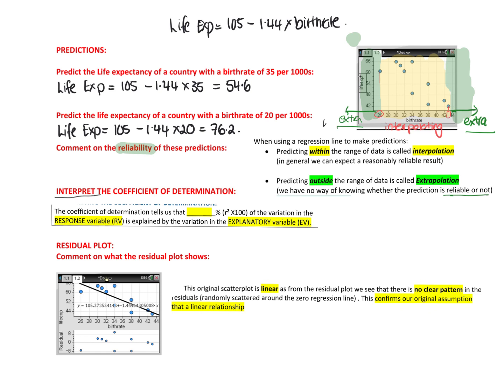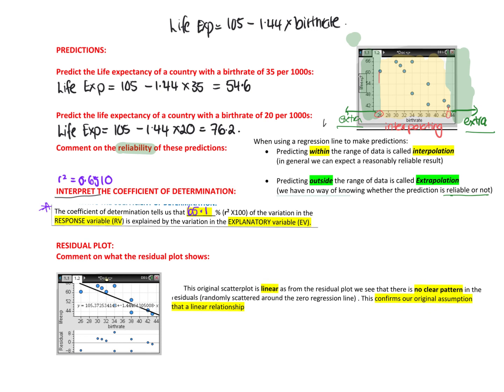So the next one asks us to interpret the coefficient of determination. Once again, you have a little template that you have to use, and if we went back to look at our stats, we can see the R squared was 0.6510. So when they ask us to interpret it, we say the coefficient of determination tells us, now we change that to a percentage, so we times it by 100.